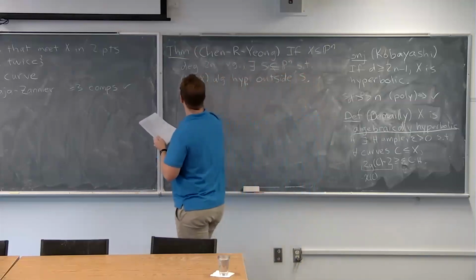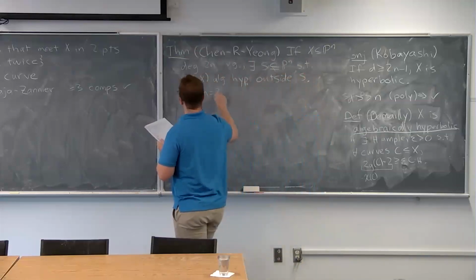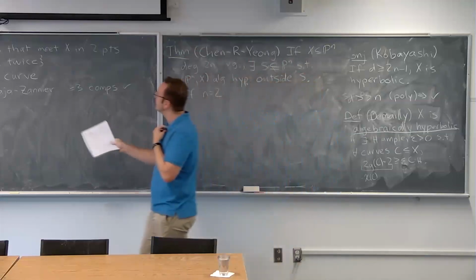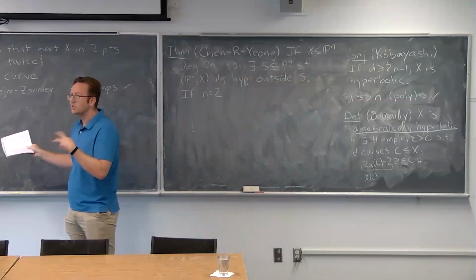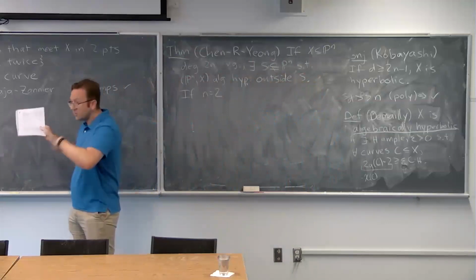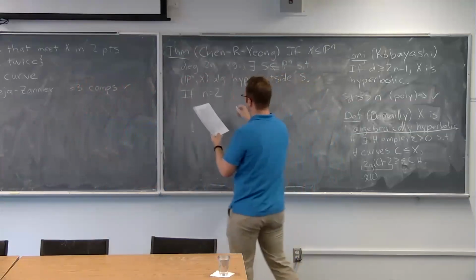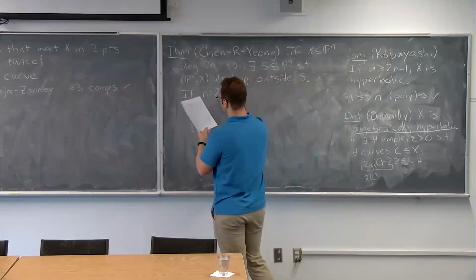And then furthermore, in the case n equals 2, which was the most famous of the cases, Green's paper was from the 80s. Corvaya and Zani had a sequence of 2 papers in the early 2000s. And so people have been thinking about quartic curves for a long time. So we also spent a little extra energy on n equals 2.